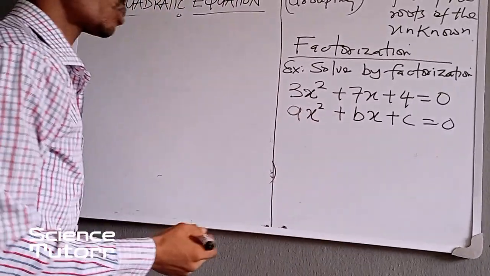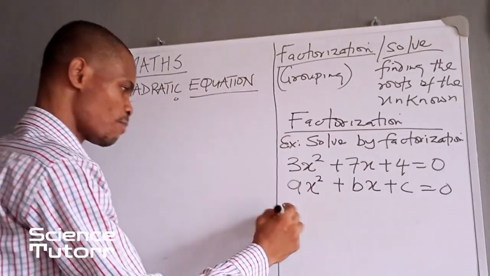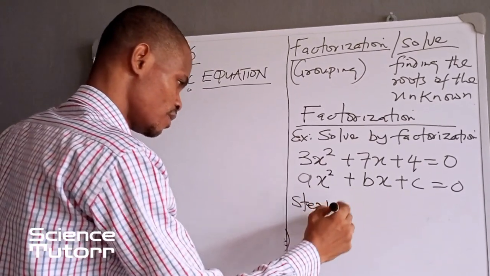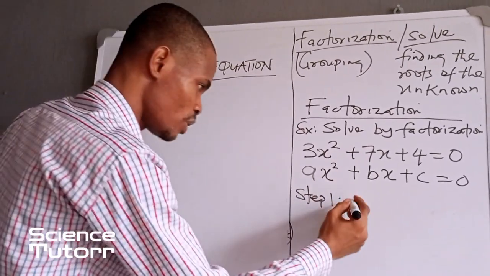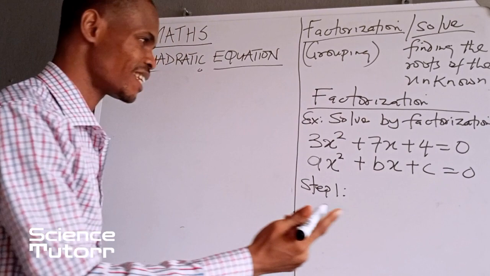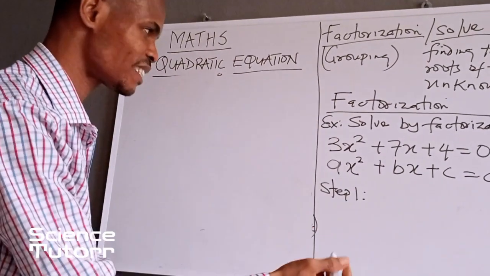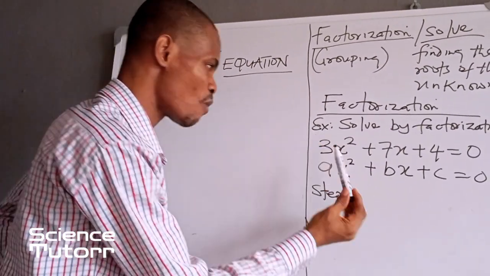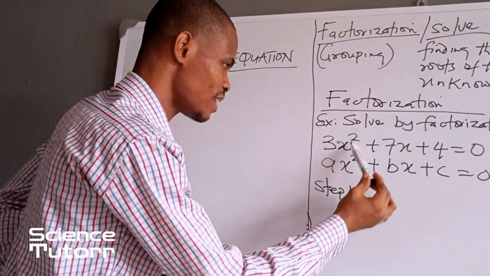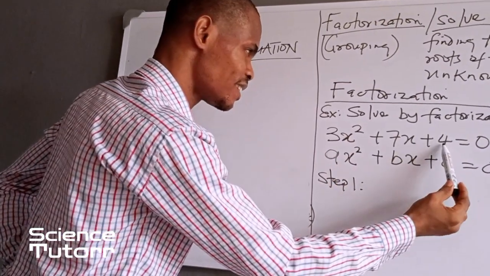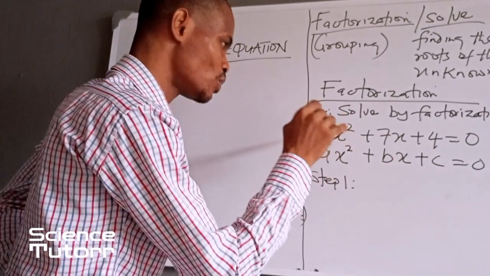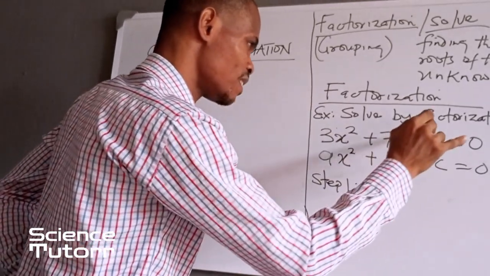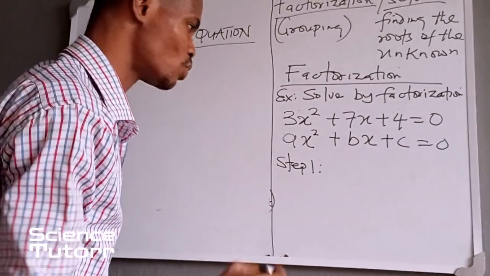Now in factorization, step 1, we are going to multiply the first and the last term. The coefficient of x squared here is 3, the last term is 4. So I'm going to pick the first term and the last term and multiply them together.